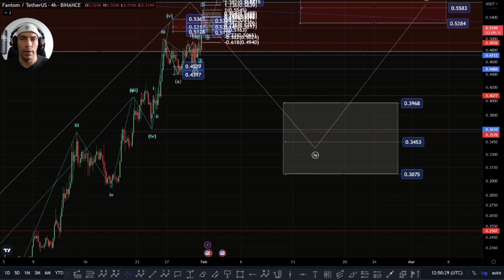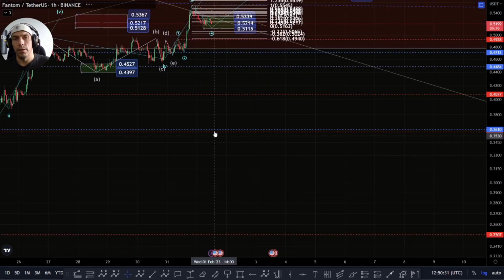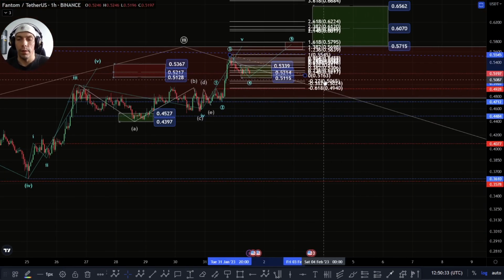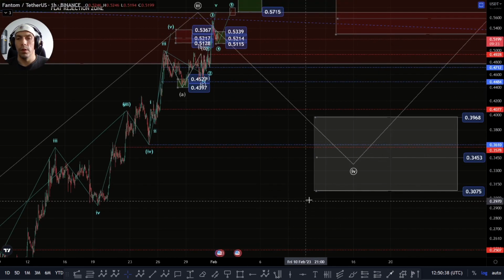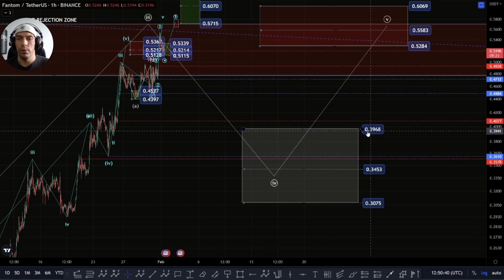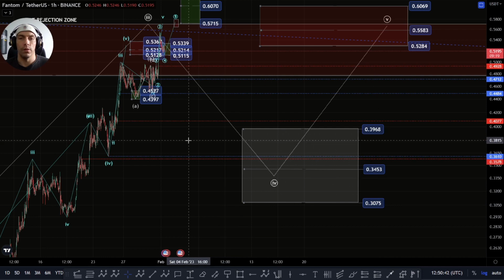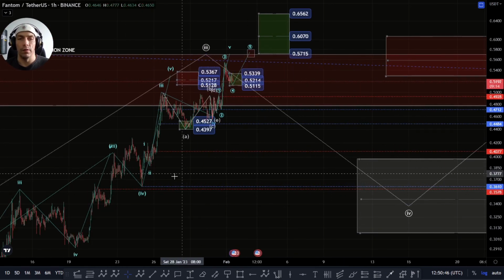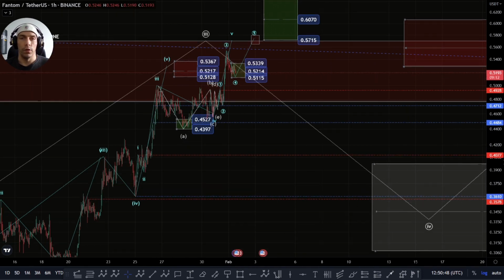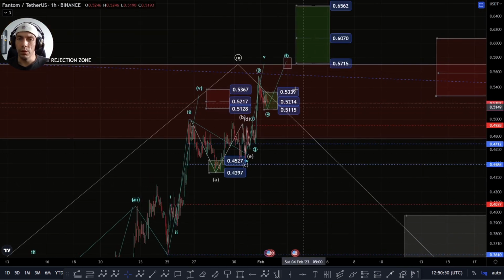So we're going to have to play it as it comes basically and see what happens. But if we do start to break down here, the typical fourth wave location we'd be looking for would actually be this 3968 to this 3075. So that's a zone we could actually look to retrace to as a fourth wave if this starts to break down.